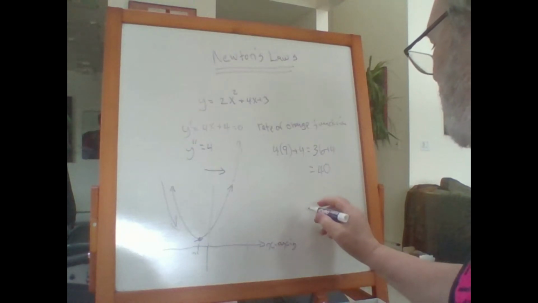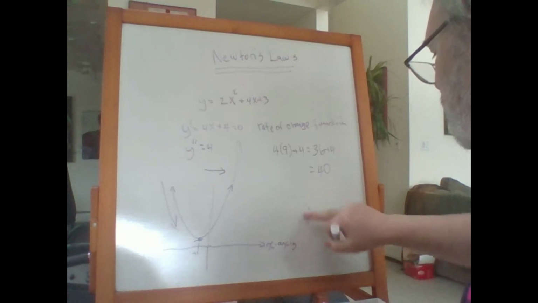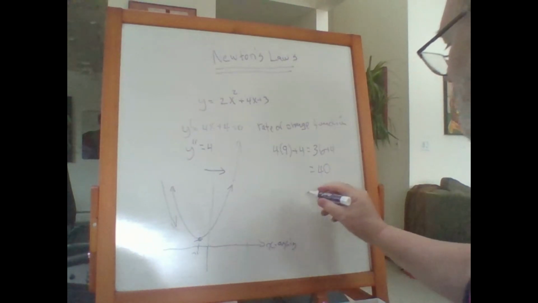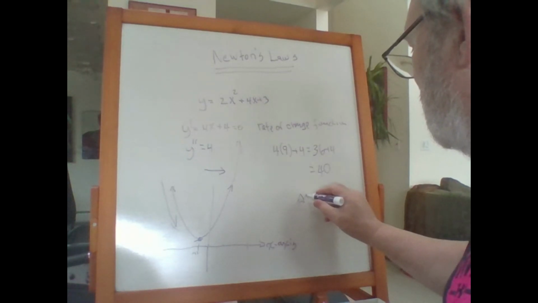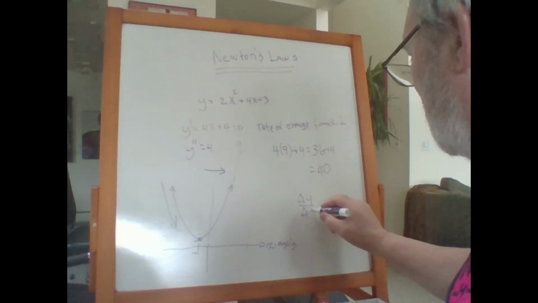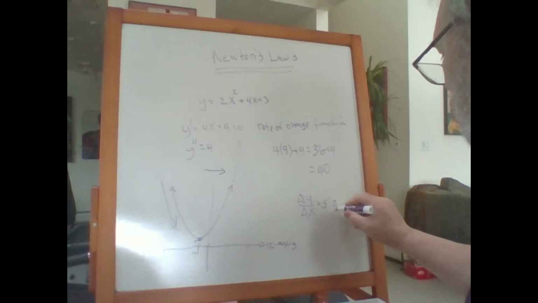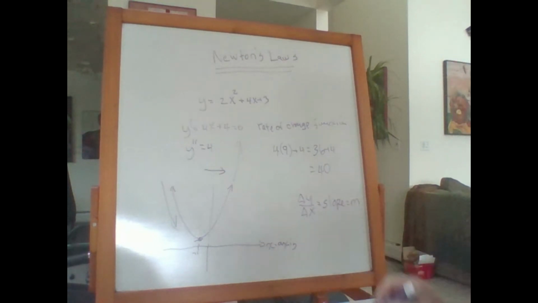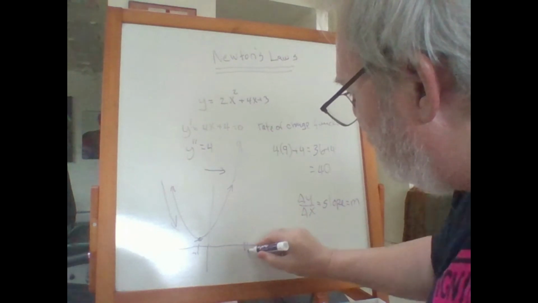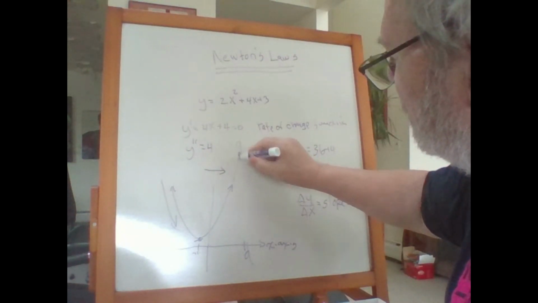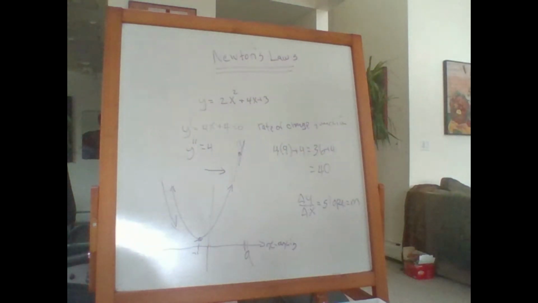So for every change, let's say dy/dx, which we said was the slope, equals m. Well, at that point where, let's say this is 9, we got a very, very steep slope at that point.